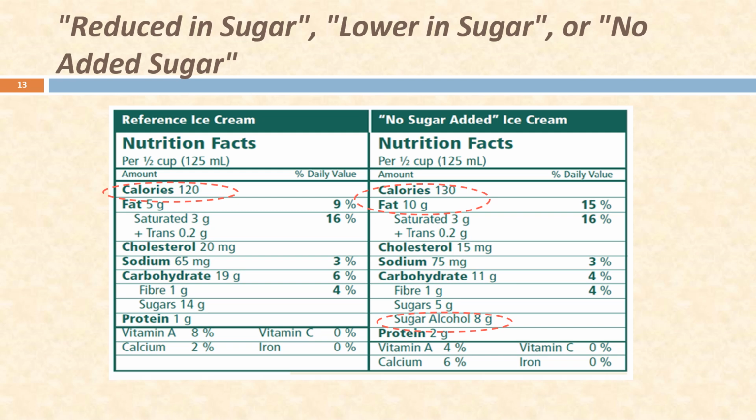So it doesn't mean no added sugar means lesser calories, and reduced in sugar means higher calories. So we have to check the calories on the label, and we should not be fooled just by noticing the terms such as reduced in sugar, lower in sugar or no added sugar while buying a food product.